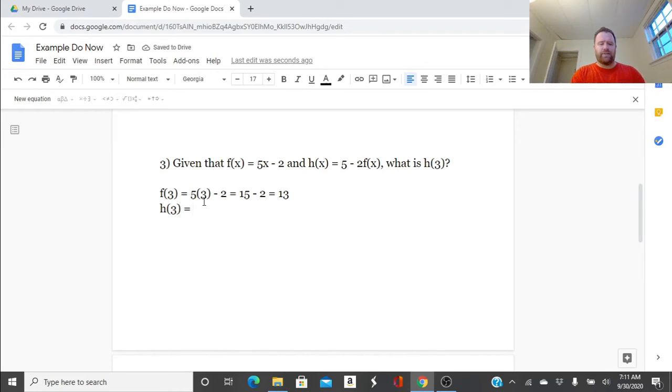So h of 3 is going to be 5 minus 2 times f of 3, which is equal to 5 minus 2 times 13. Now with order of operations, we're going to do the multiplication first. So we're going to have 5 minus 26. 5 minus 26 is negative 21. And that's our solution for that particular problem.